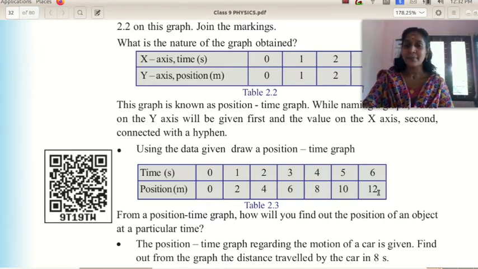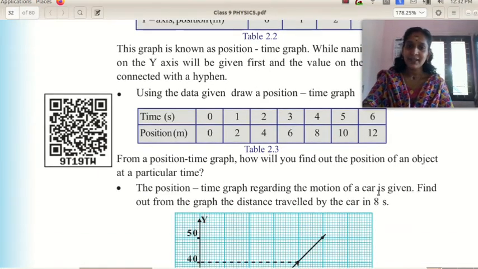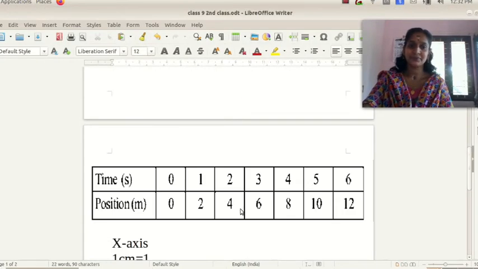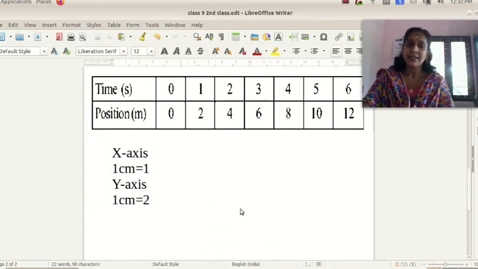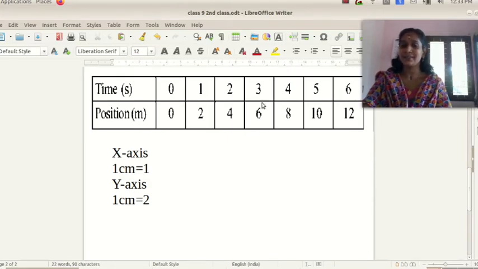It is increasing from 0 to 4, 6, 8, 10, 12. So we are going to draw this graph.